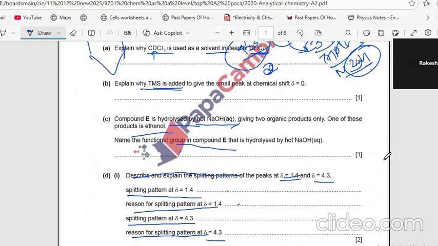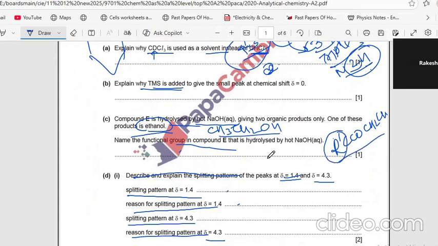He says an alcohol is formed, and he gives you the alcohol: CH3CH2OH. So one thing is clear: there is an R dash COO, and on one side you have CH2CH3, because this is formed on hydrolysis. So this is what R dash is now.